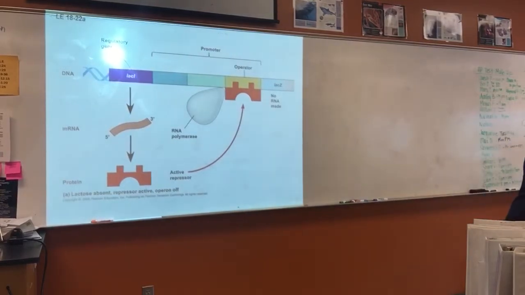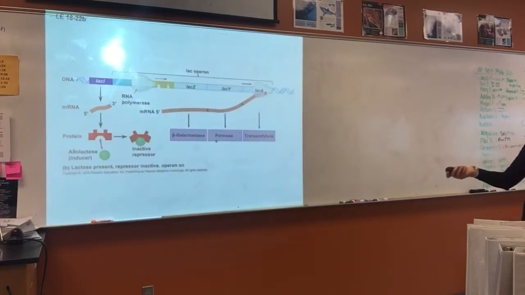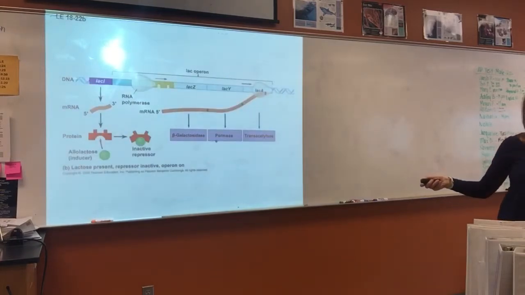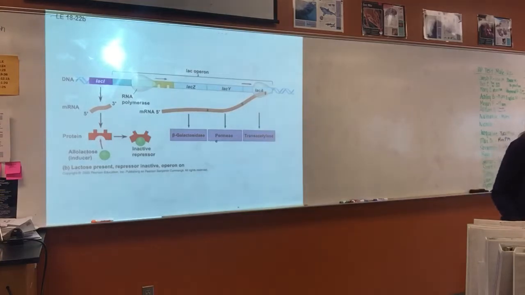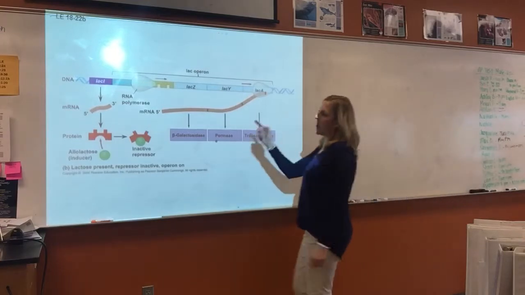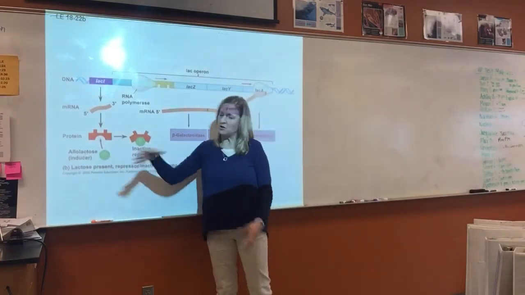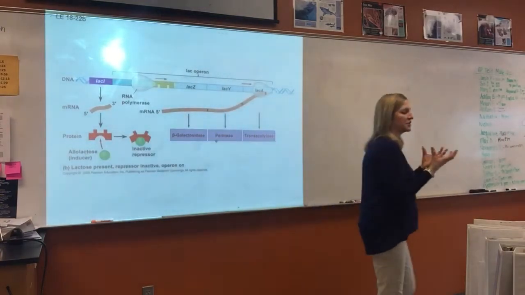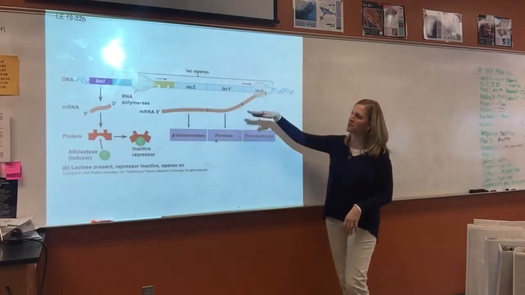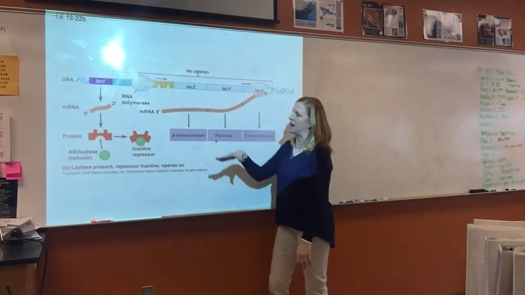It can interact with allolactose, which is an isomer of lactose, but that doesn't convert it to an active form. It converts it to inactive. And that makes sense. Why? Because you only have allolactose if lactose is present. So we only want these genes to be turned on if lactose is present.